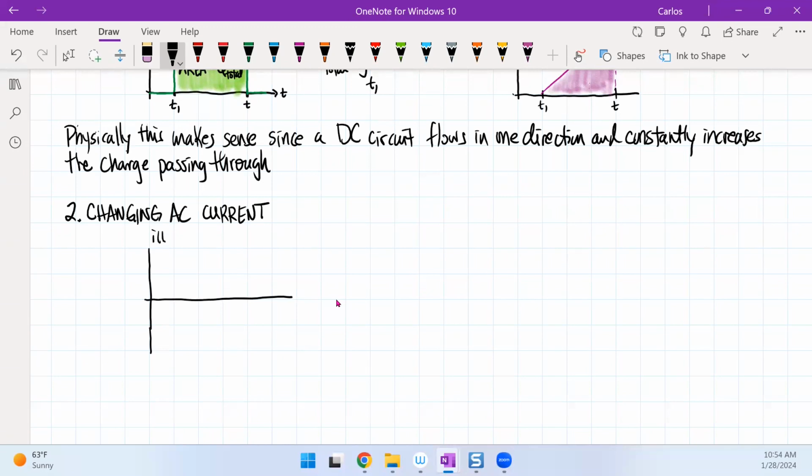So this current should be equal to, let's say, with an amplitude of 1, could be sinusoidal. So if I'm looking at this thing, maybe it turns on at t1, and then it moves up, and then it moves back down.